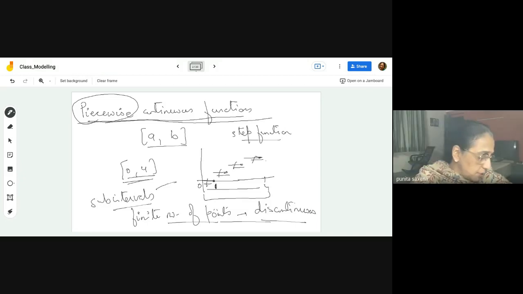So basically, if you just see the definition of piecewise continuous functions, these are the two conditions that need to be satisfied.